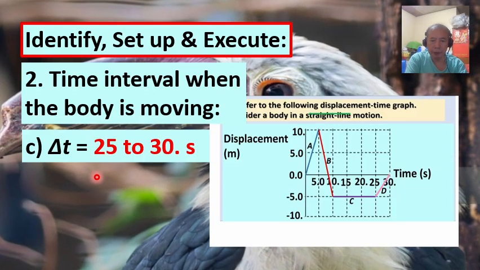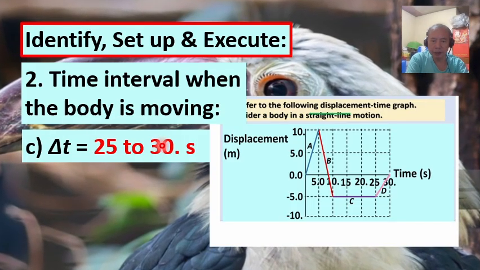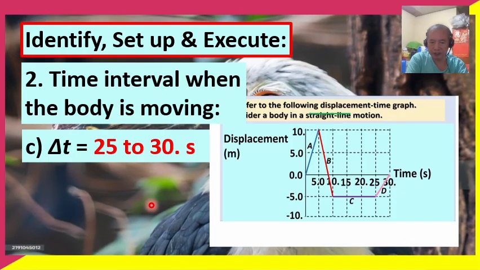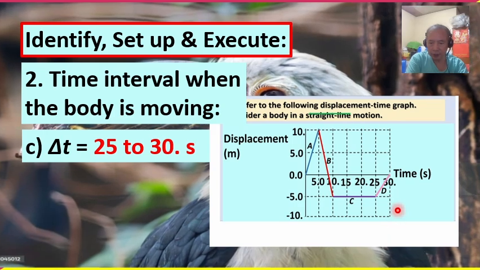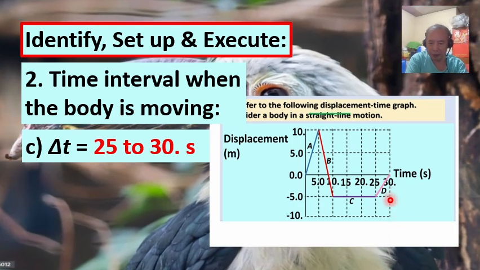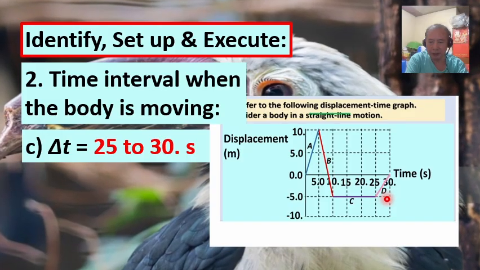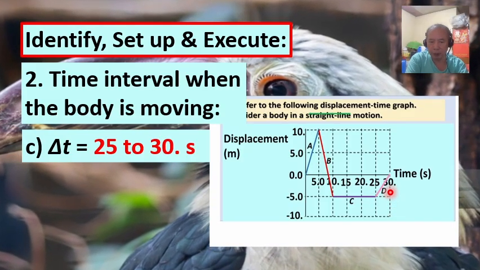The third time interval where the body is in motion is from 25 seconds to 30 seconds. And this is represented by graph line D. So just like graph line A, graph line D is also straight and sloping upward to the right.